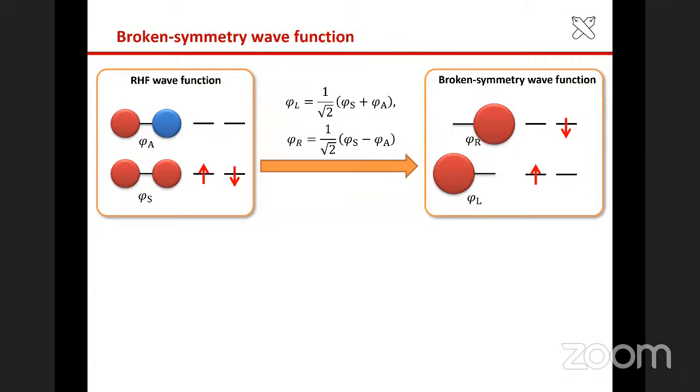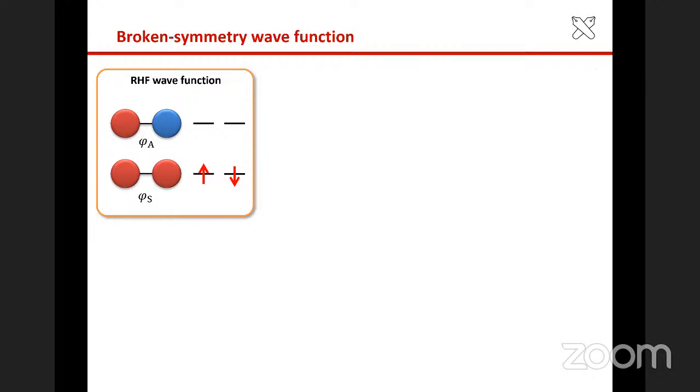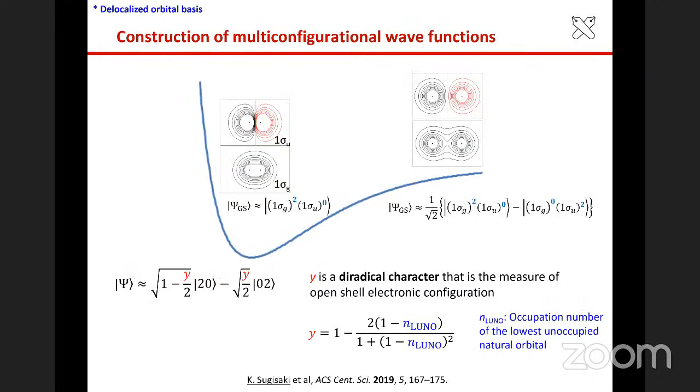So in the bond dissociation limit, we can obtain the occupation numbers 1, 1, for instance. But let us think about this wave function. We have the 2, 0 and 0, 2 configurations with different weights.